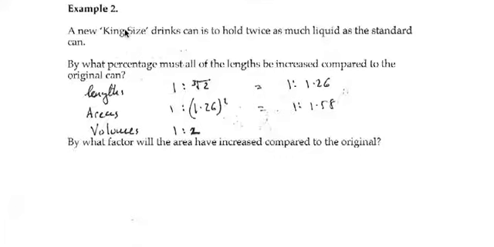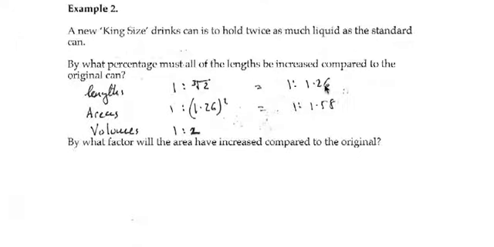Well, if the volume has gone up by 2, now work back this time, so the length must have gone up by the cube root of 2. Remember that volume goes up by length cubed, so length must go up by volume cube rooted. So the length has only gone up in the ratio of 1.26.